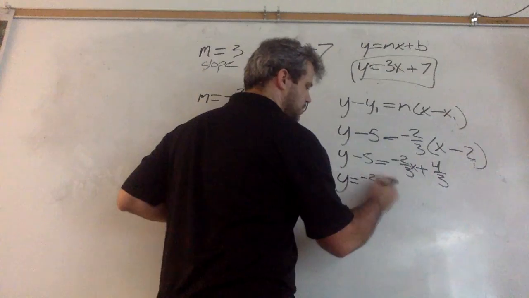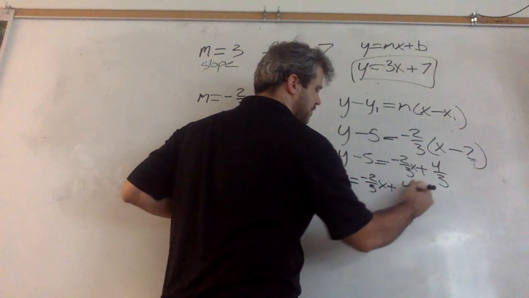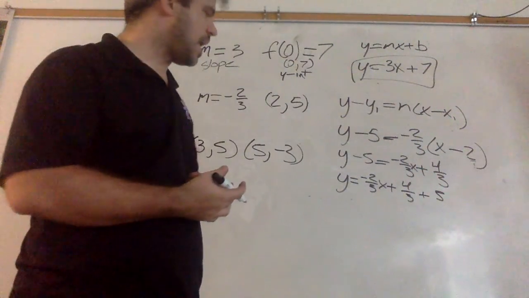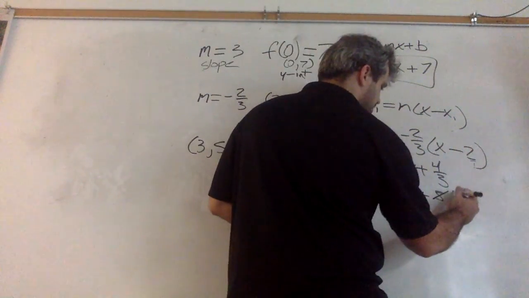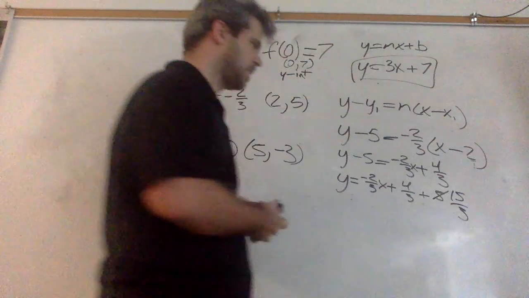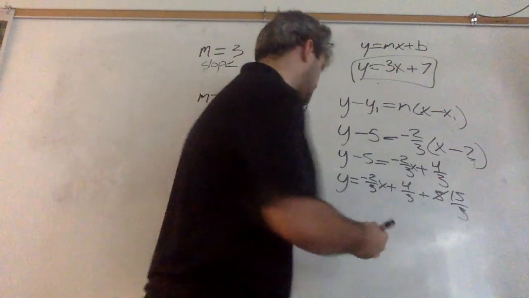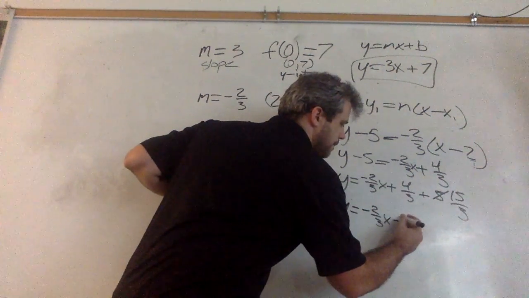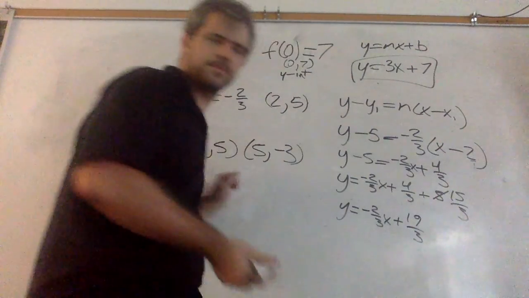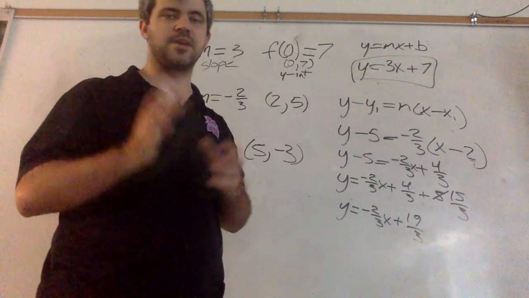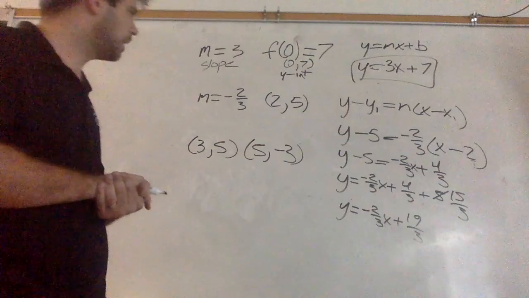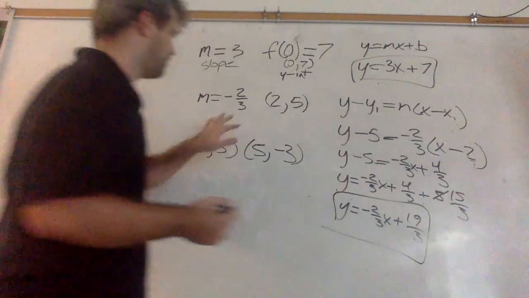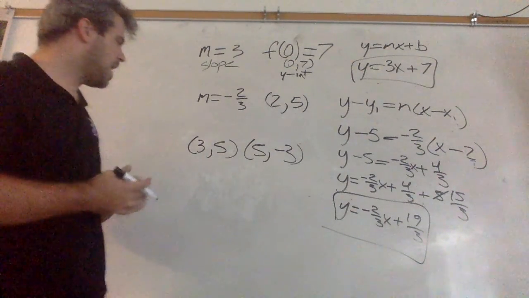So we are going to add 5. Remember 5 would be 15/3. So that's going to be 19/3. So that is our equation that fits these conditions right here.